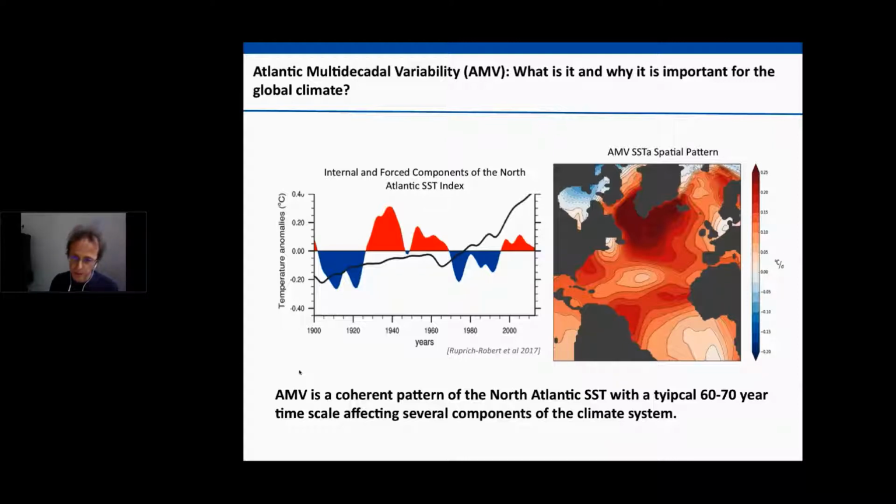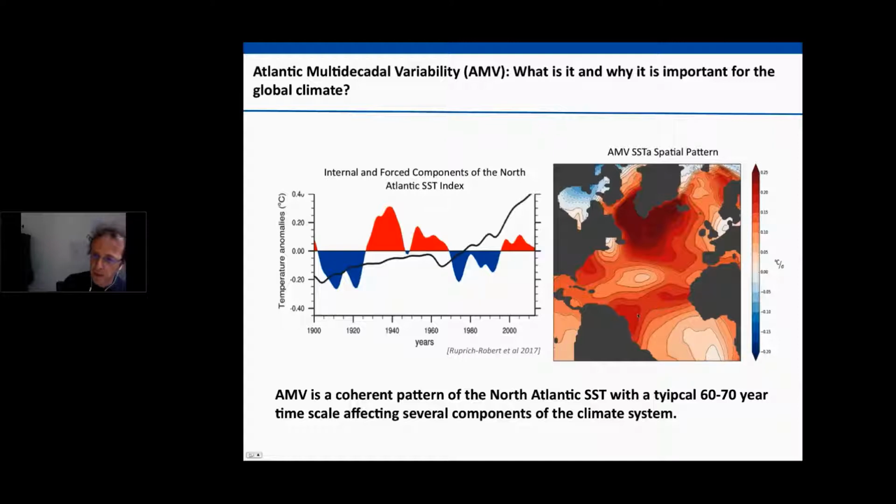structure, shown in the right-hand panel, with maximum loading over the subpolar basin, and a horseshoe pattern with an eastern ring which touches the eastern side of the Atlantic basin.